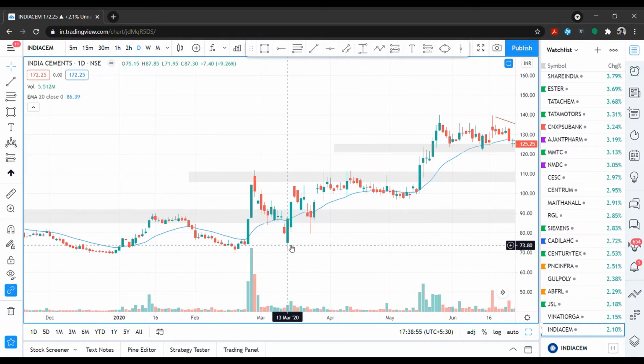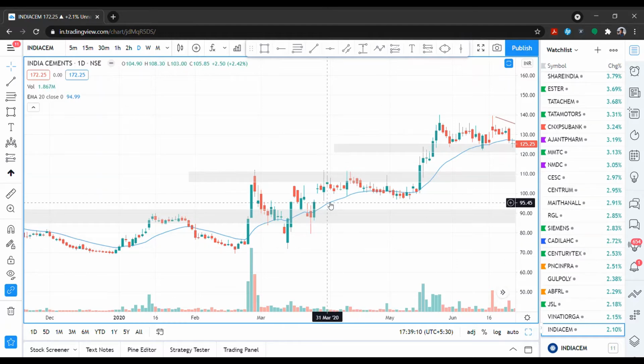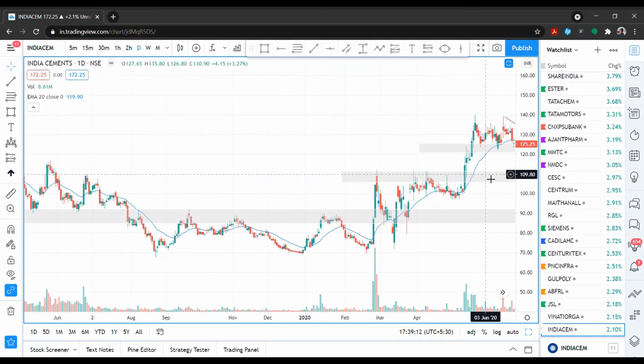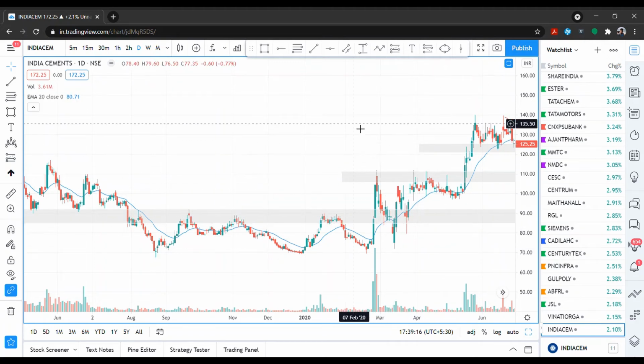A lot of people would have thought that this is a breakdown, and a lot of people would have exited here. As soon as the price goes up, everyone's stop loss gets triggered, and you can always ride the trend if you get such kinds of structures.